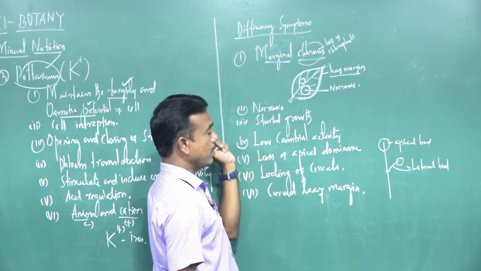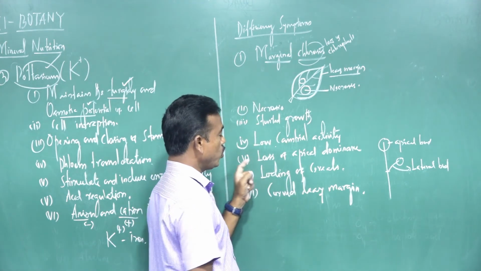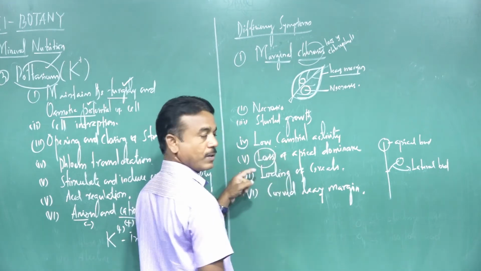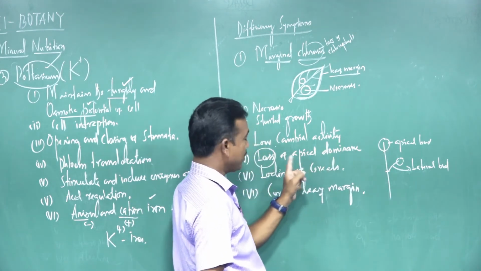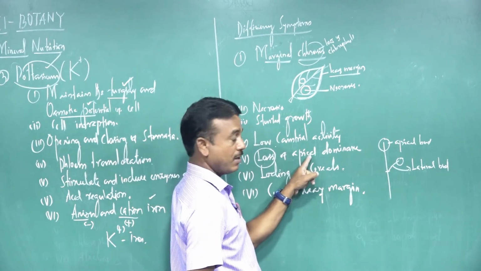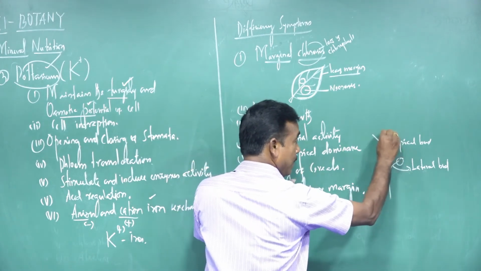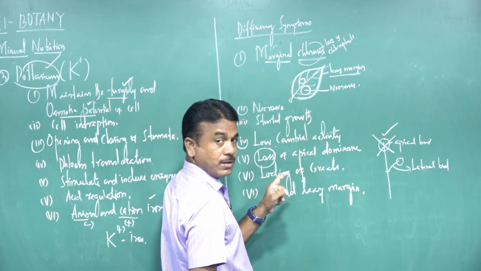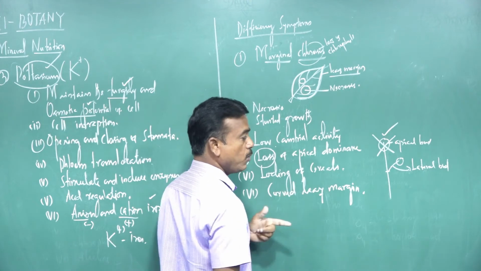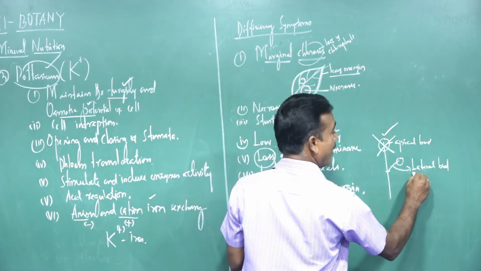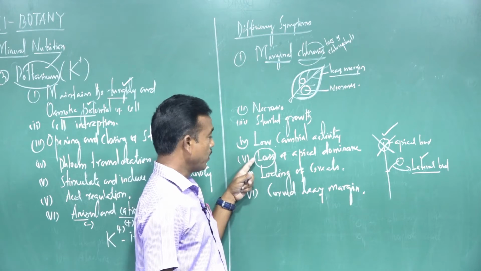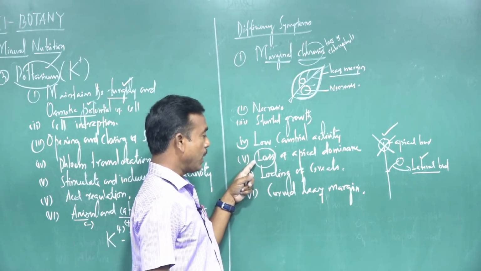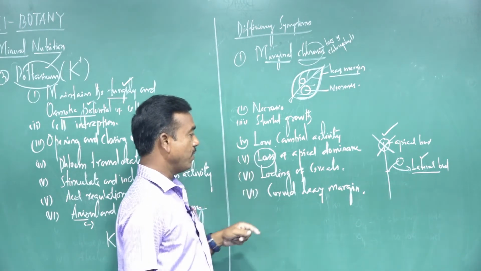If potassium is deficient, the growth of the apical bud reduces and it does not grow well. Instead, the lateral bud grows rapidly. So if potassium is not available properly, it leads to loss of apical dominance.